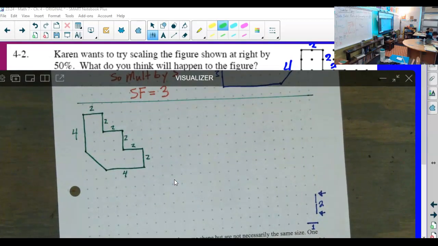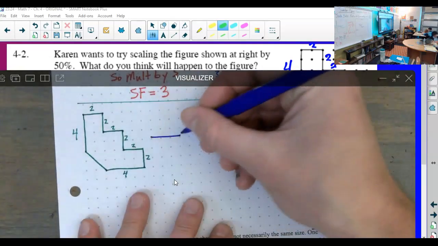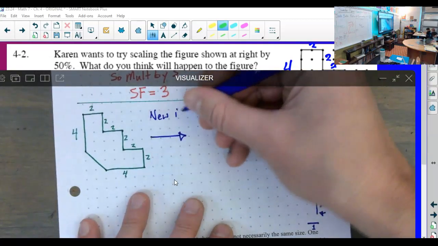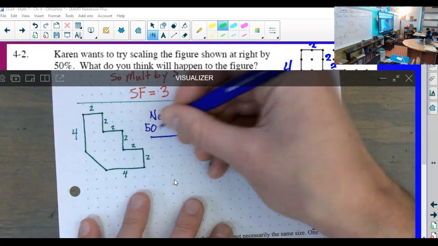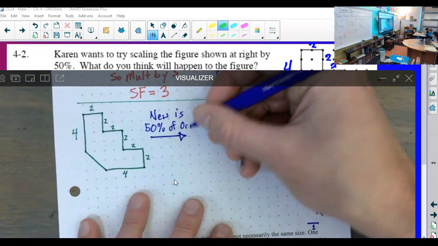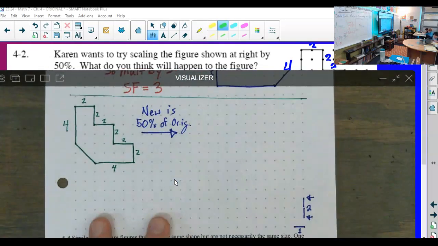If you think you can handle it now, go ahead and get one. Our new is 50% of the original. So what does that mean that we're actually going to multiply by?